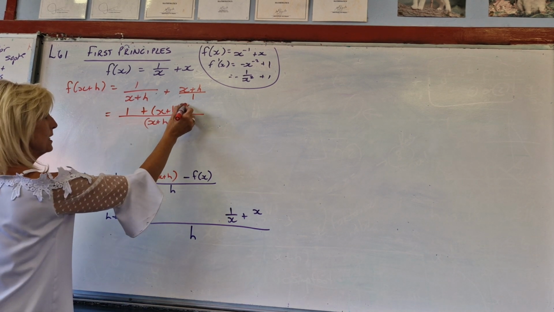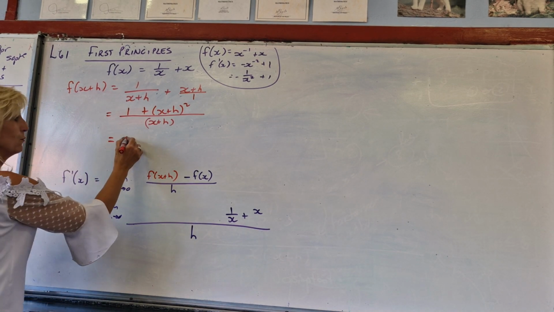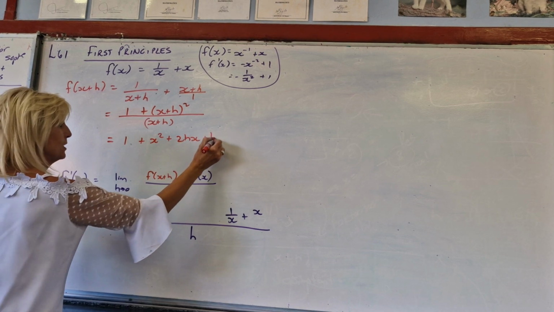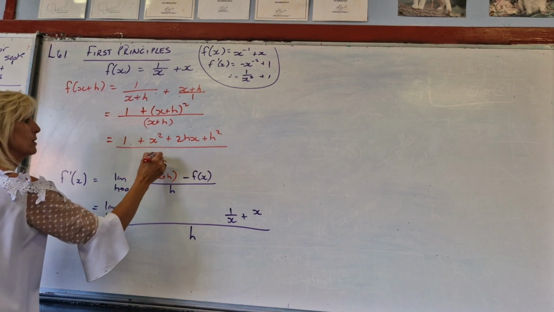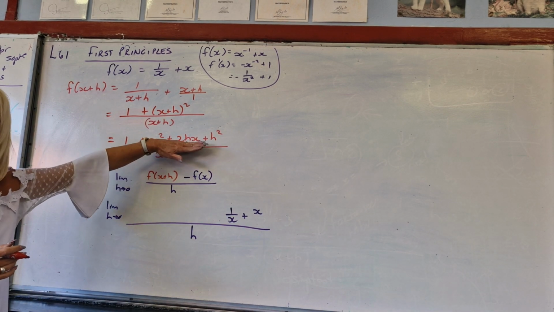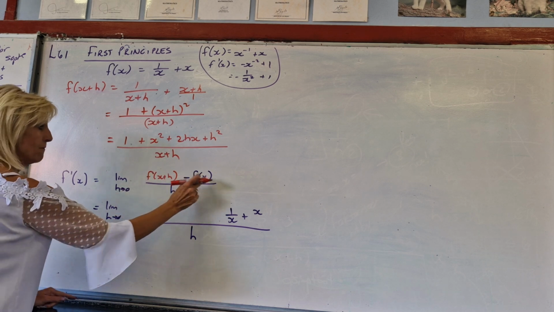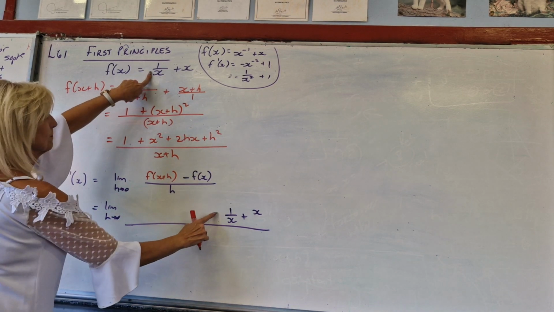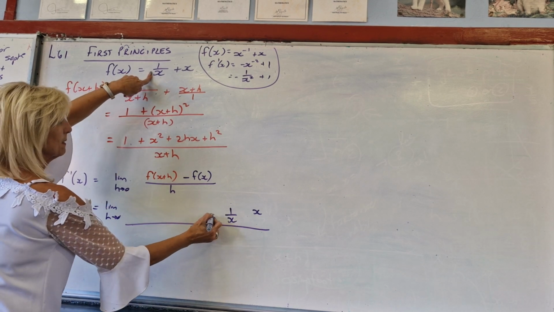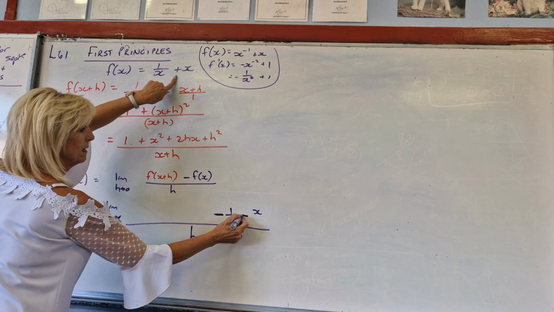So we've got x plus h squared, and then we've got to go and simplify that, and we've got 1 plus x squared plus 2hx plus h squared, which I hope you're going to learn to know very quickly, that you always know that answer. That's the part that was coming here now. The f(x) part was subtract, let me make it like this, subtract the whole thing so it'll become a minus and a minus.